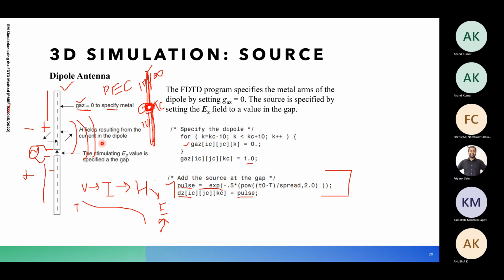Or you can skip this entire thing and just keep one Gaussian source in the middle and see how that radiates. This is just an example of having one of these sources. You can try making different structures and seeing how the whole thing happens. Making a dipole antenna was easy, just using these two lines of code.